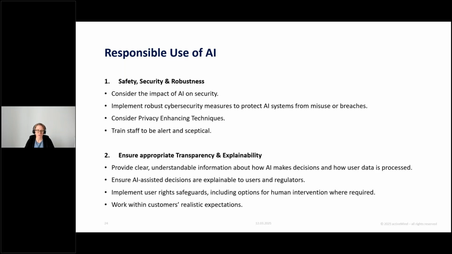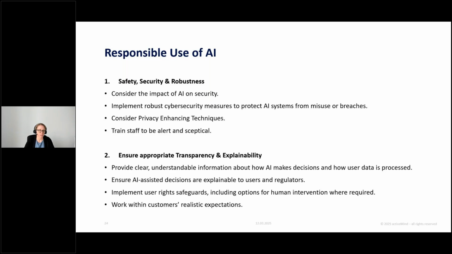Is your staff trained, alert and also skeptical? Let's just take ChatGPT as an example. Is your staff trained to check the results and be skeptical towards them? Because often there is also bias here, and you still need to make sure that the results are correct.